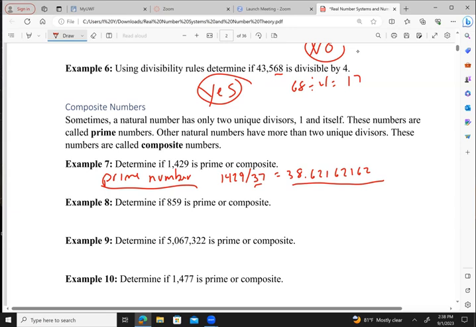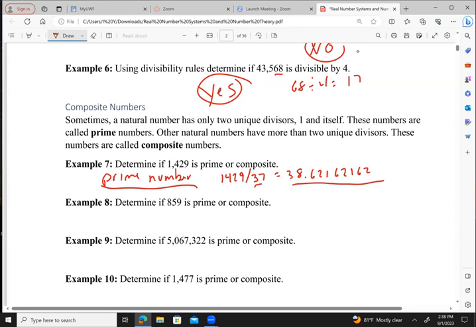And I am literally just dividing by each of these numbers. 14, 15, 16. How about 17? 18. How about 19? 20, 21. How about 23? 859 divided by 23. Nope. 29.